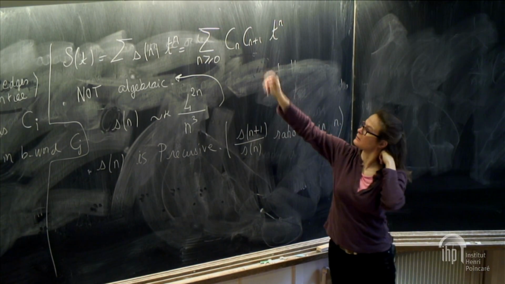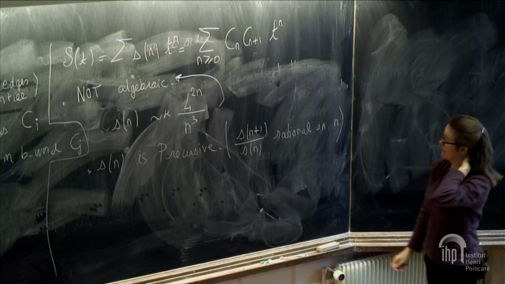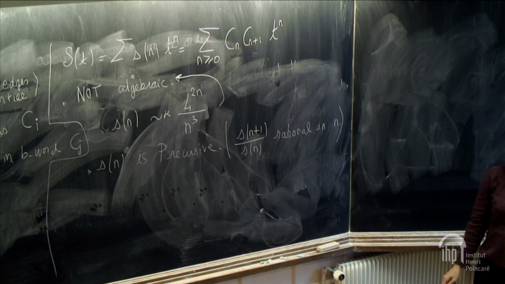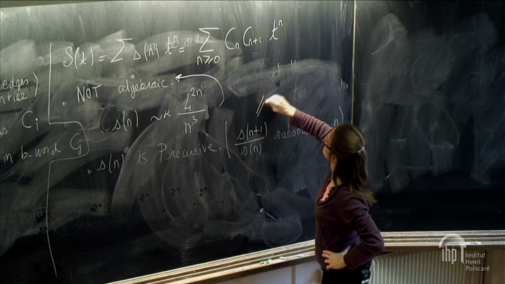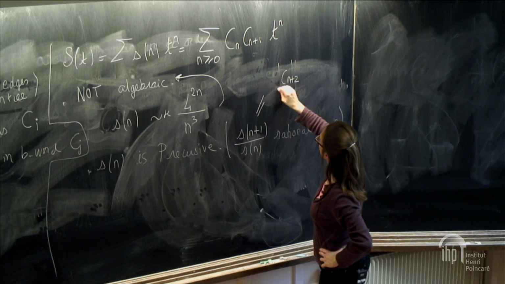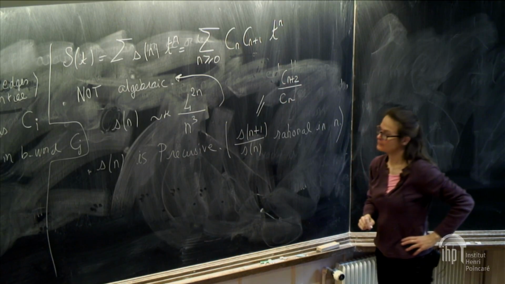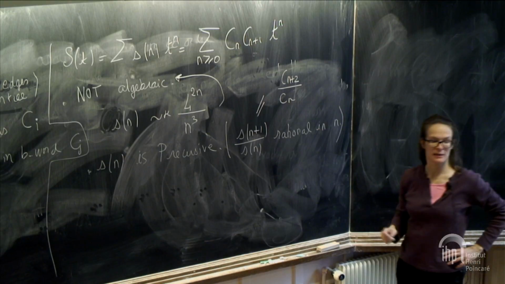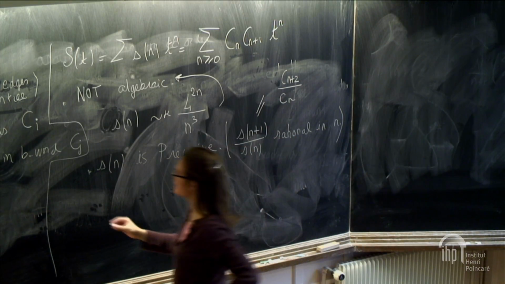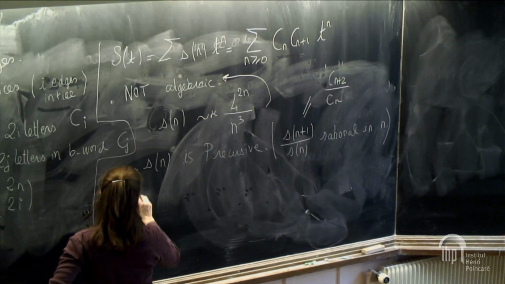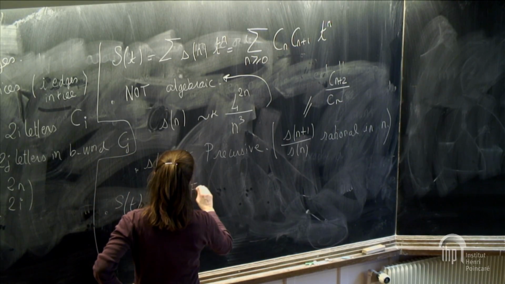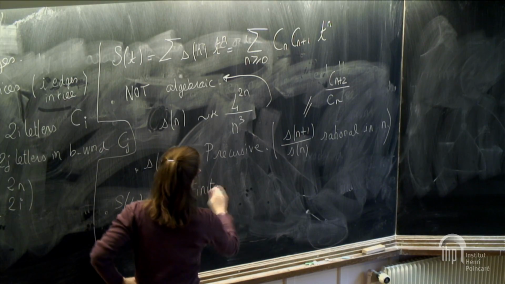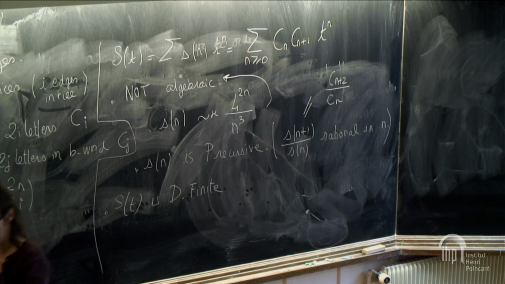If you evaluate, well, this will be just C_{n+2} over C_n, I guess. So that's very nice. So there are nice series that are not algebraic. And this means that the corresponding generating function is what I call D-finite, that it satisfies a linear differential equation with polynomial coefficients.